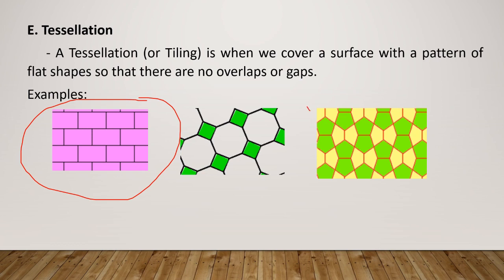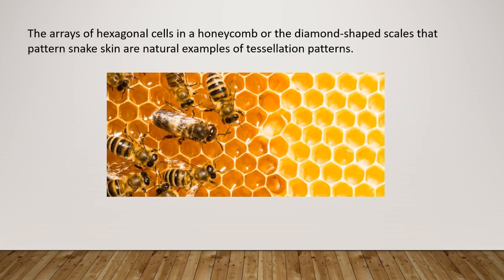Also, we have this. We join two different shapes. We have the square and we also have the octagon. Then we also have these arrays of hexagonal cells which form a honeycomb.